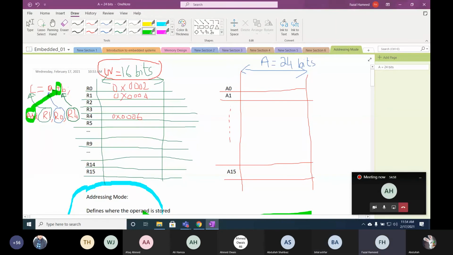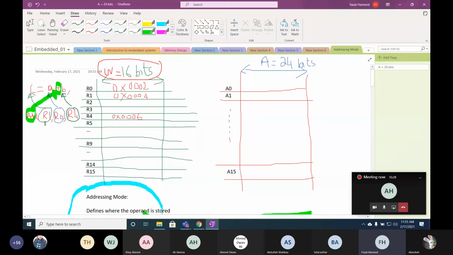Add. So this is an operation I defined. We want to compute the sum of two elements A and B and store the result in C, where the addressing mode of C is register, the addressing mode of A is register, and the addressing mode of B is register.